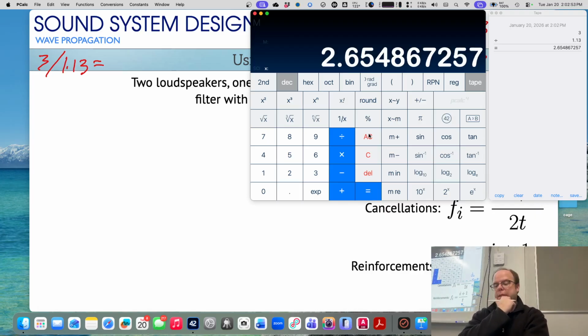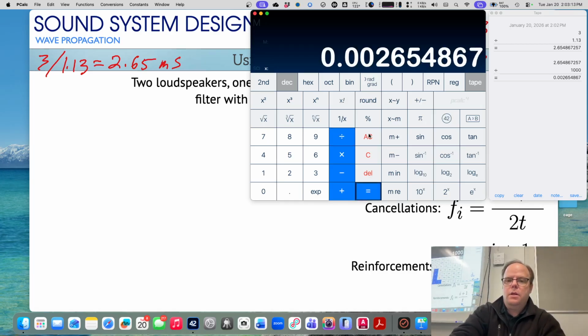Now that's milliseconds. So 2.65 milliseconds. Okay, now I need that in seconds, right? So if I divide that by 1,000, I will get it. So now t equals, for purposes of this equation, 0.0027.